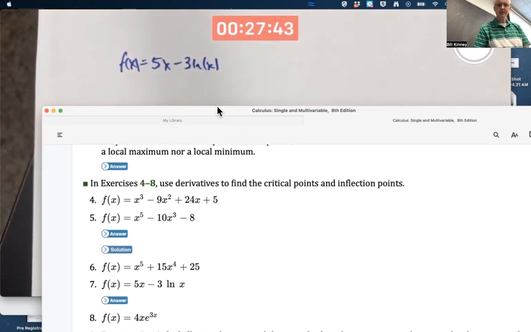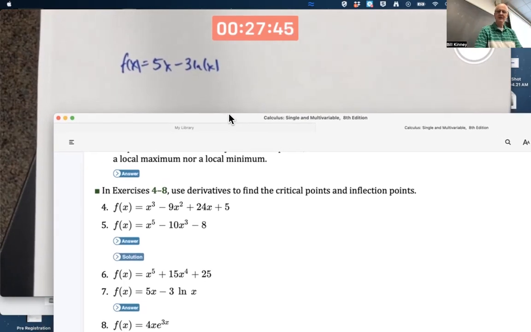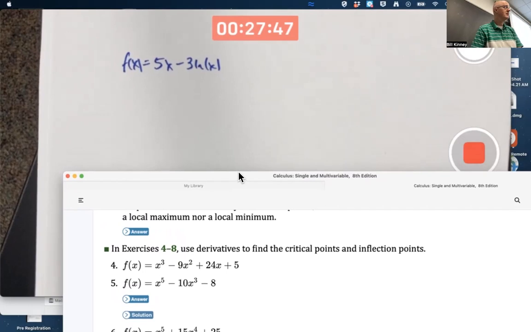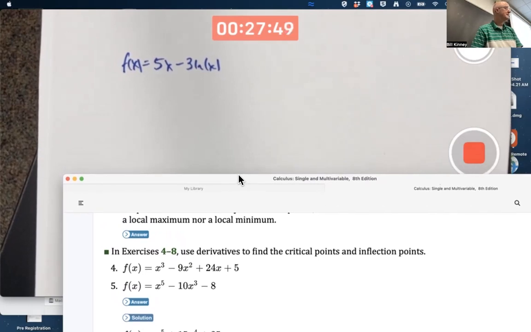It's number 7. The directions are the same. Find the critical points and inflection points, but I'll do more. I'll find local maxes and mins, confirm it with the first and second derivative tests, and sketch the graph of the function.